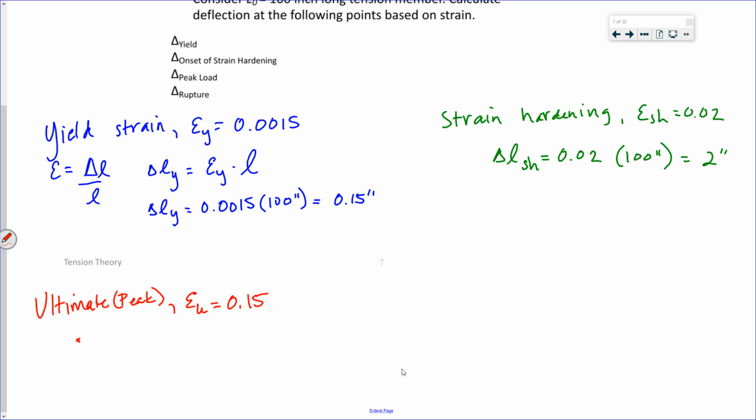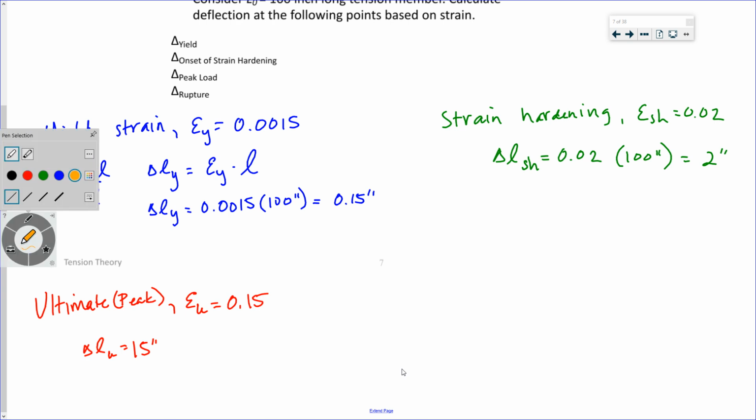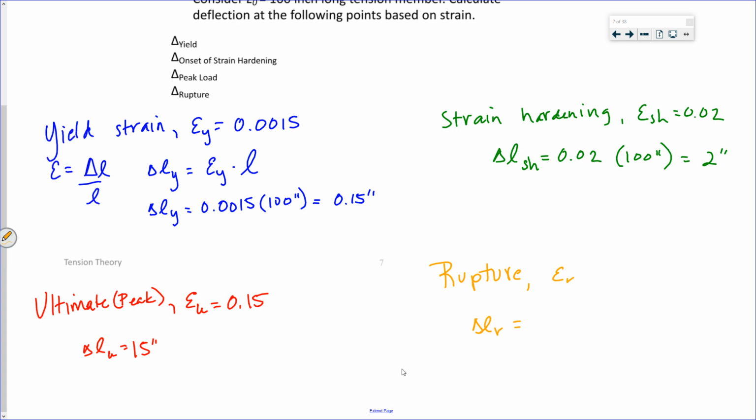Change in length associated with that should be 15 inches. And if I look at rupture, that should get you 25 inches.